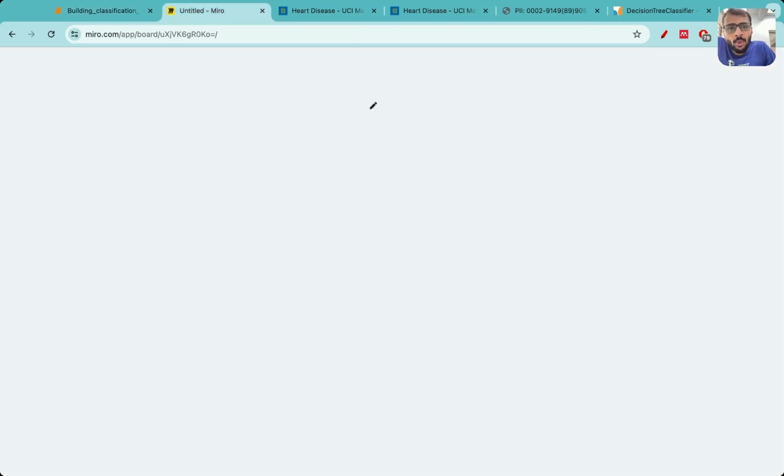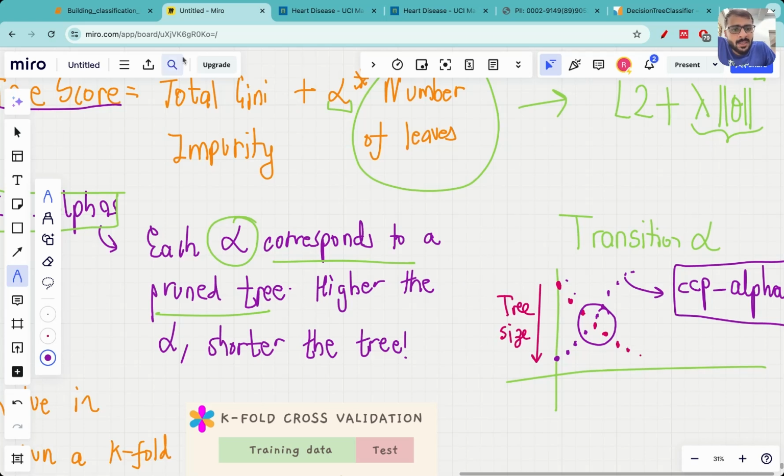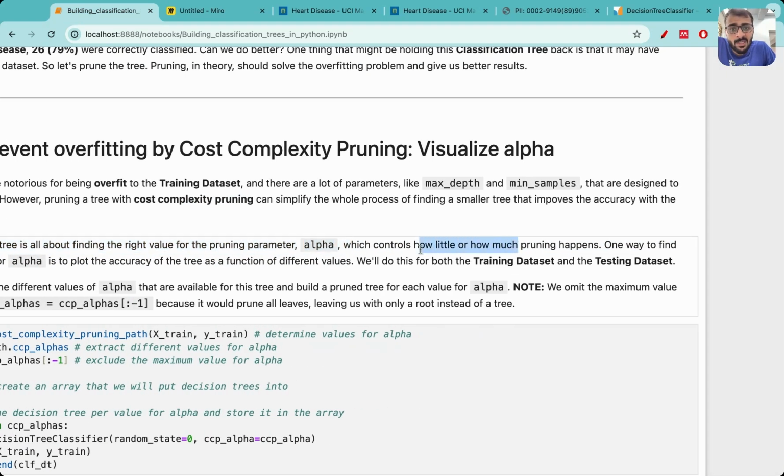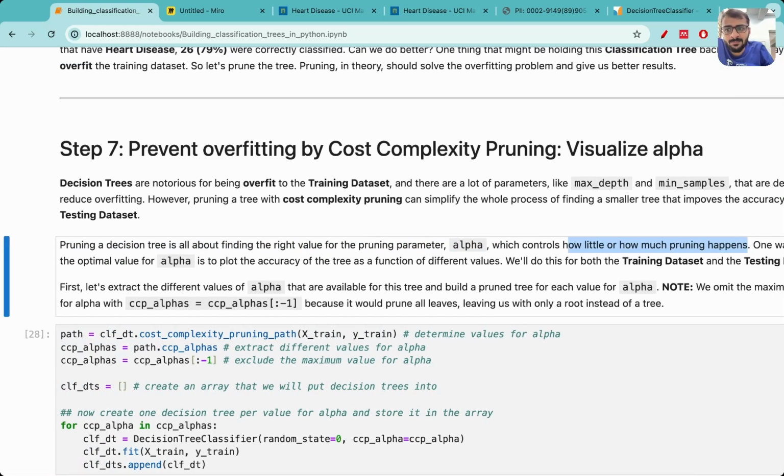As I mentioned on the whiteboard, the whole process of pruning a decision tree is all about finding the right value of the pruning parameter alpha, which controls how little or how much the pruning happens. A higher alpha means that the tree is pruned a lot and the tree will be small.